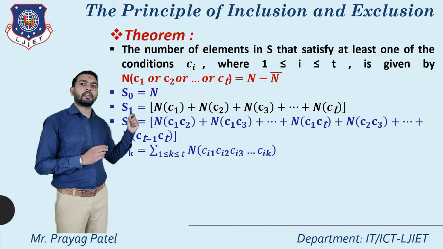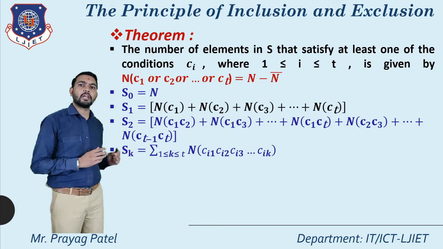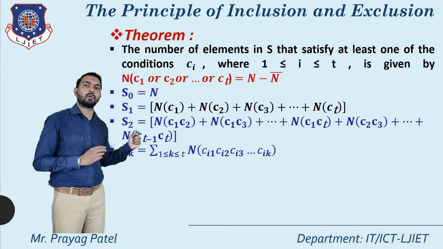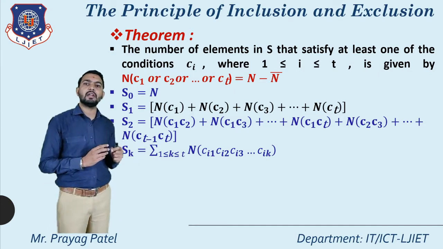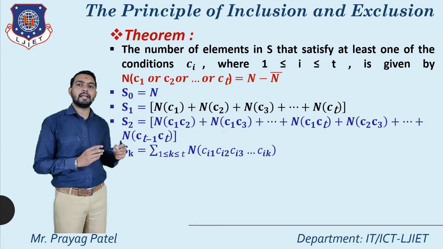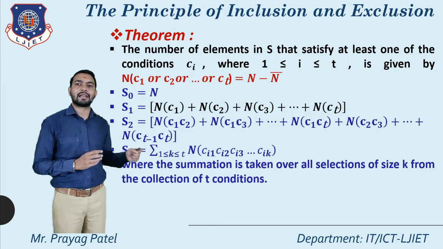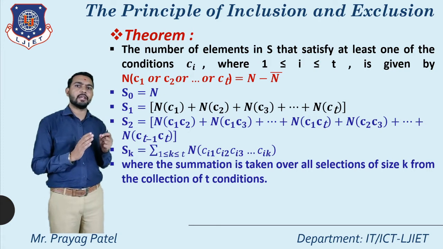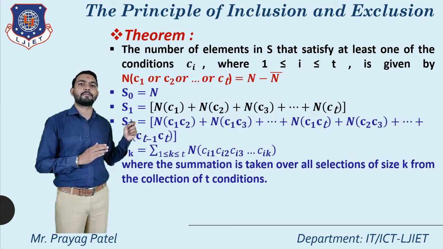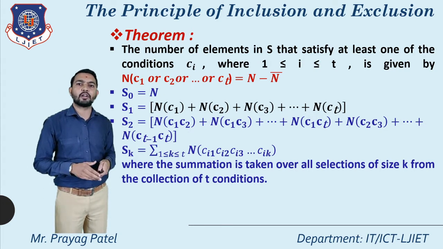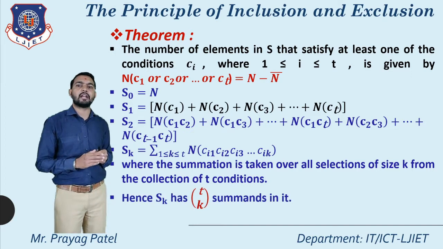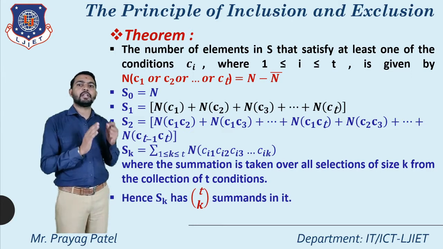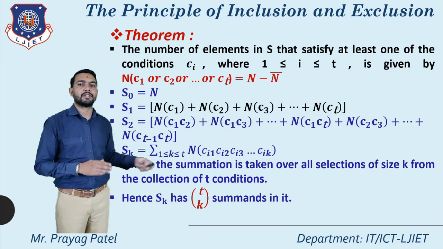Now for the k-th term, Sk equals sigma over 1 ≤ i1 < i2 < ... < ik ≤ t of N(Ci1 Ci2 Ci3 up to Cik), where the summation is taken over all selections of size k from the collection of t conditions. Then we can say that Sk has tCk summations.